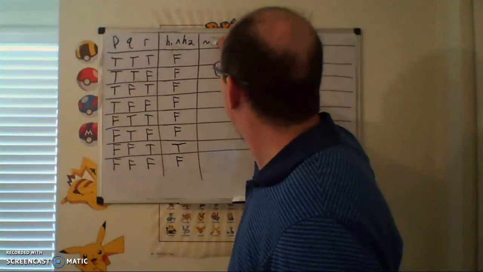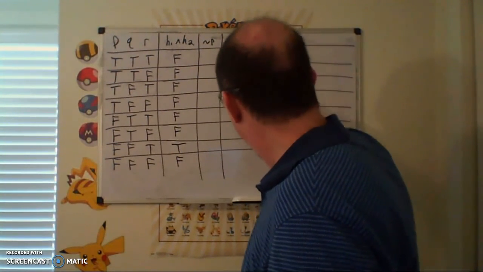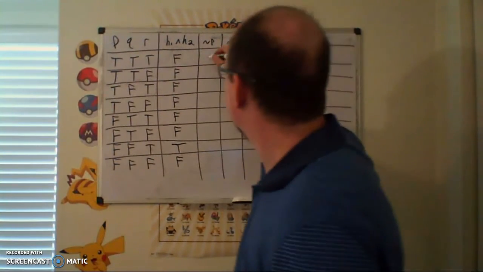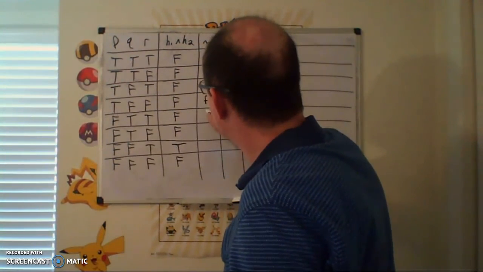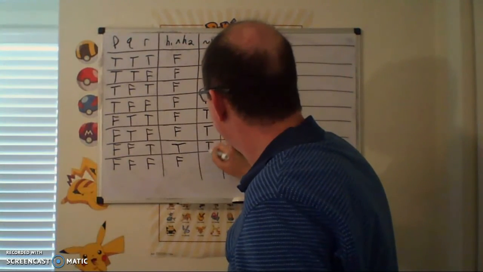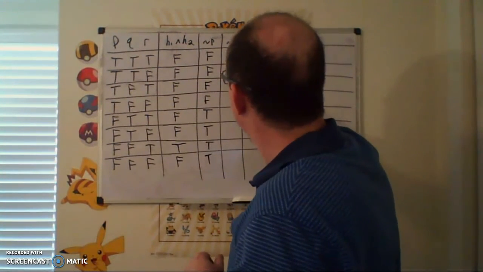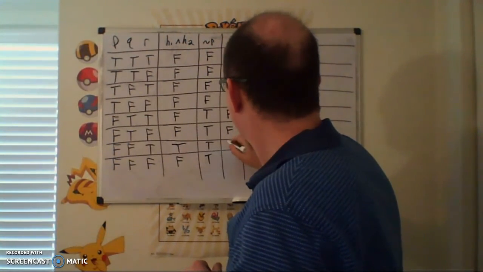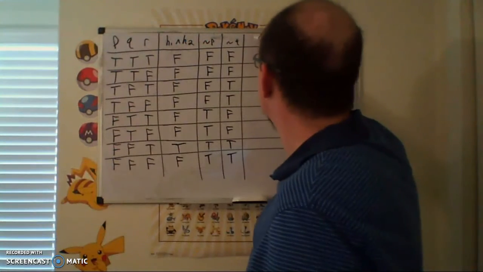Now, before we can get to the conclusion, I need to negate both P and Q. So I flip-flop the P column. I do the same thing with the Q column. Now I've got to hook these guys up with a conjunction.